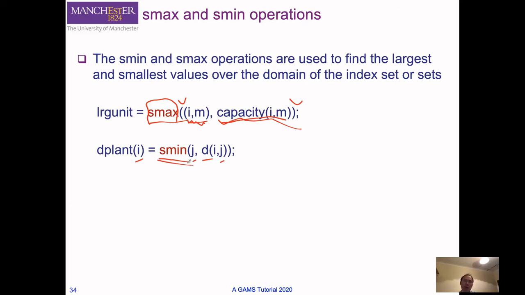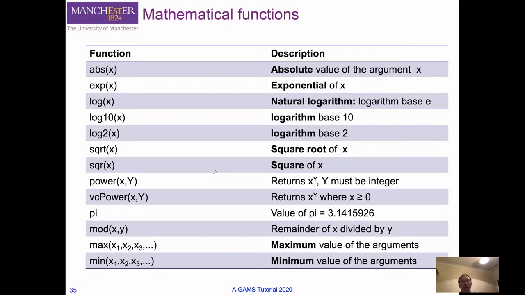In an equation, we may also use some mathematical functions like absolute value, so then we can use the abs function. If exponential of x, then we can use exp. If the function is natural logarithm, then we can use log x.